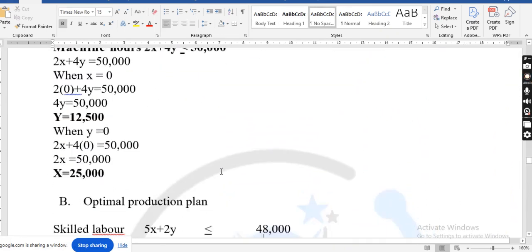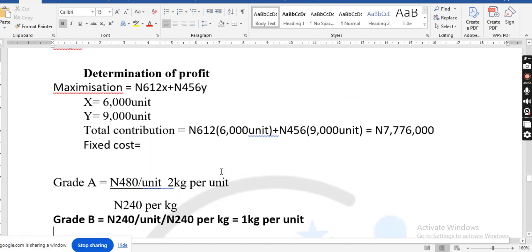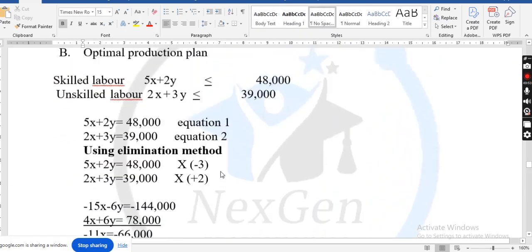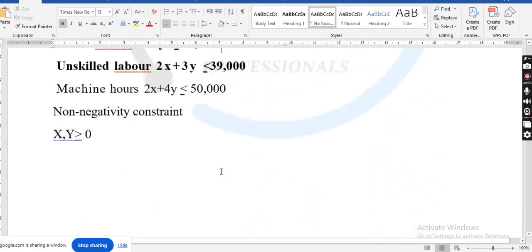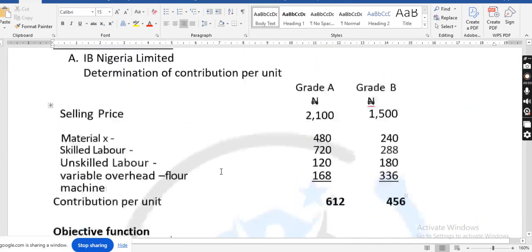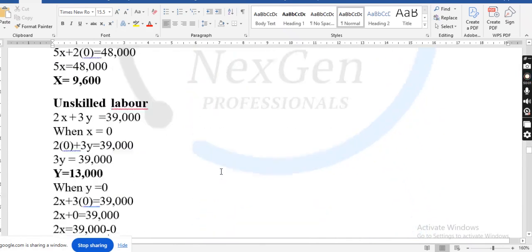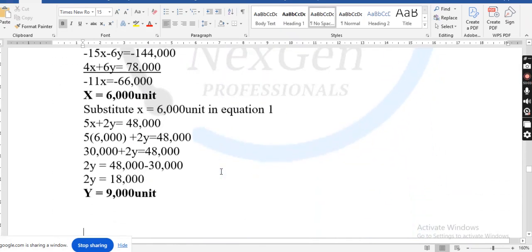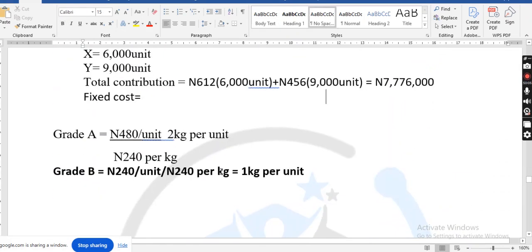Class, now the fixed cost. What is the fixed cost, sir? 2.6. Thank you. So 2.6.